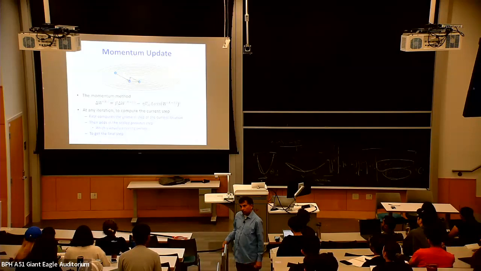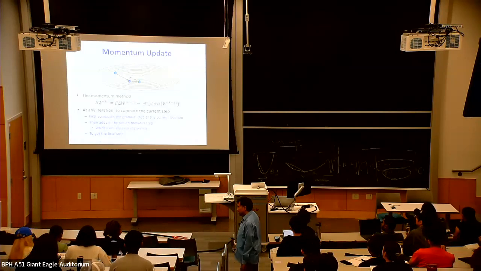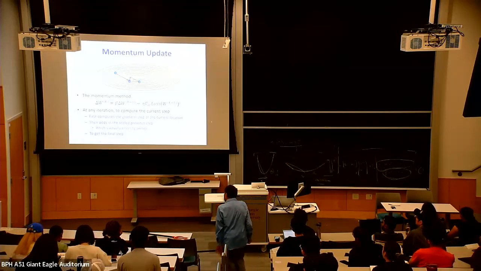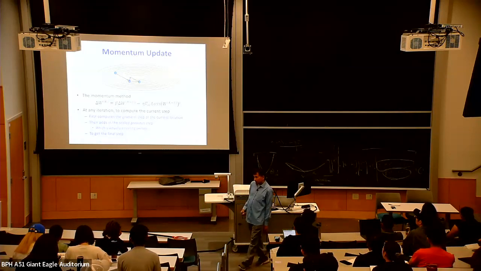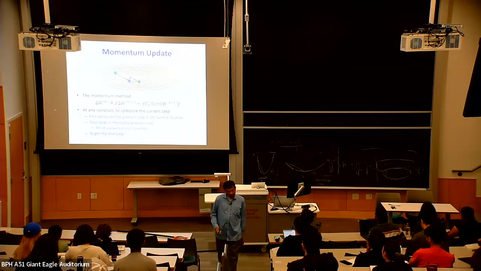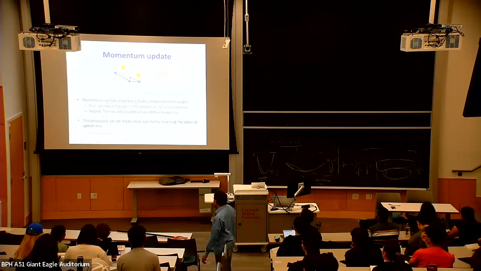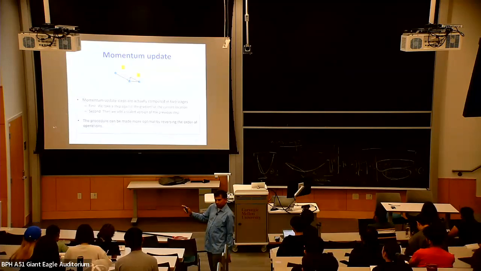And here something cool falls out. Once you see this in pictures, you realize you can change the order. Instead of taking a step against the gradient and then adding a scaled version of the previous step, I can change the order, and that's going to give you a completely different solution. First, we computed the gradient and took a step against it.